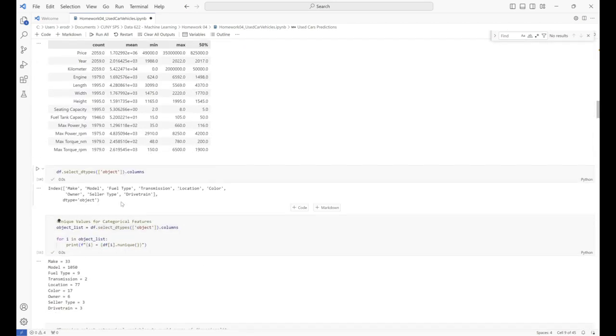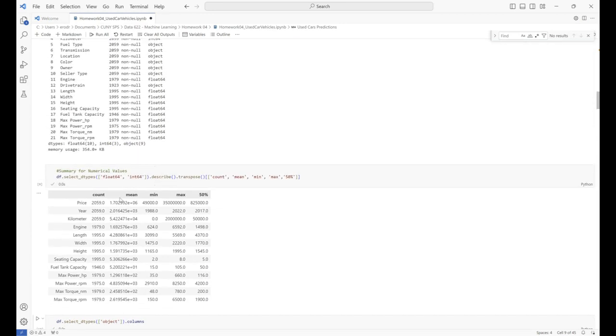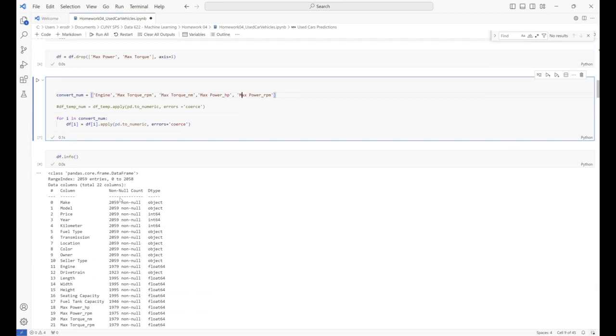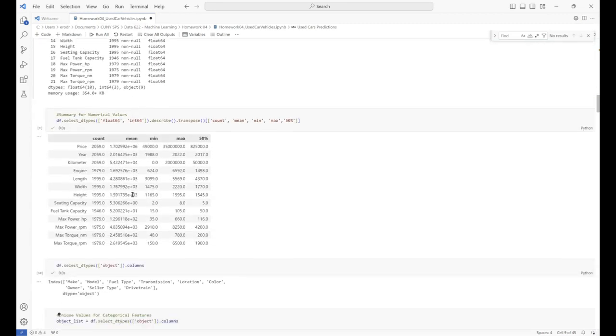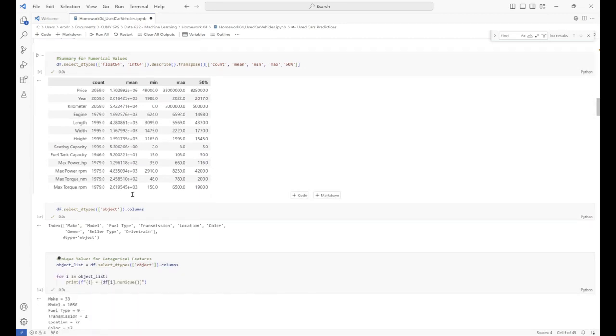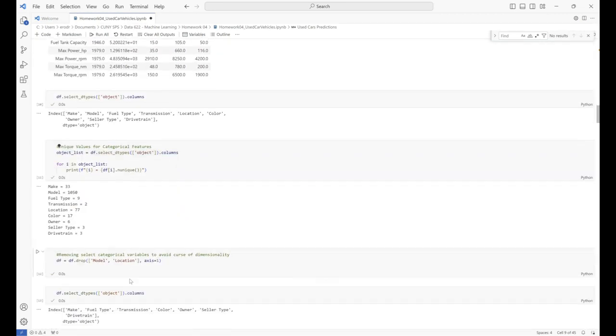One thing I did do was drop one of the columns from our data set. Where did I pick that up here? I picked that up here.